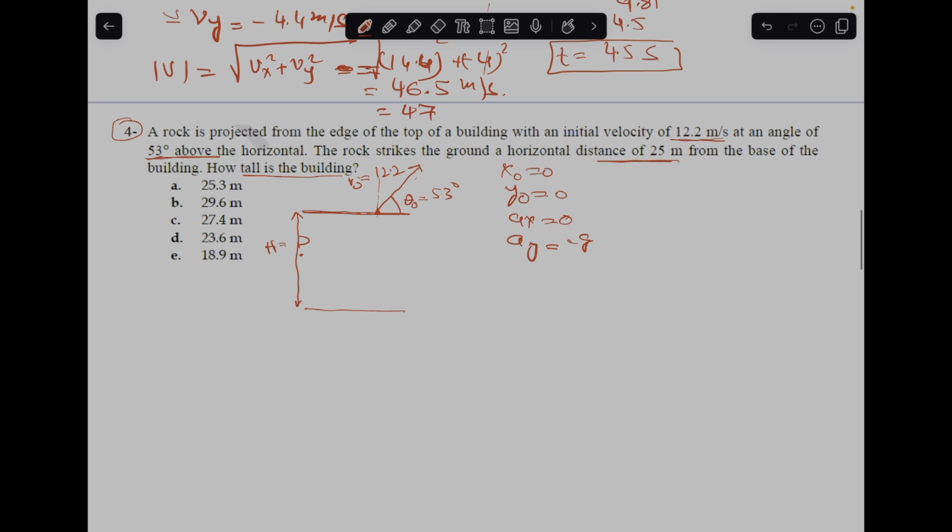Now we're going to resolve the components of the velocity. v naught of x is v naught cos theta naught, and v naught of y is v naught sine theta naught.